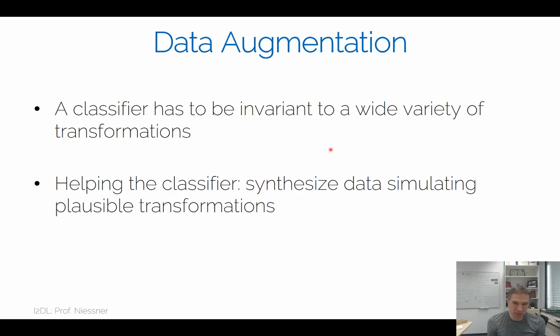So for instance, lighting changes are very difficult to simulate, right? If you want to take an environment and capture an image from that environment, and then change the lighting of that environment, well, our classifier, we would love it to be invariant to that, but it's very difficult to synthetically change the lighting of an image. In fact, that's a whole research direction on its own. So if this could be done, that would be very nice, but it's not that straightforward.